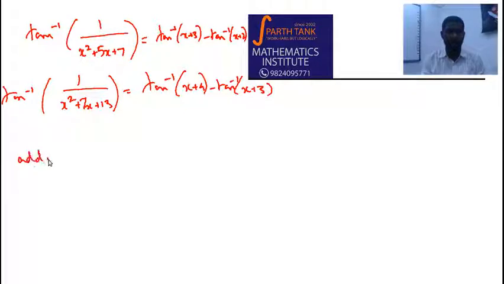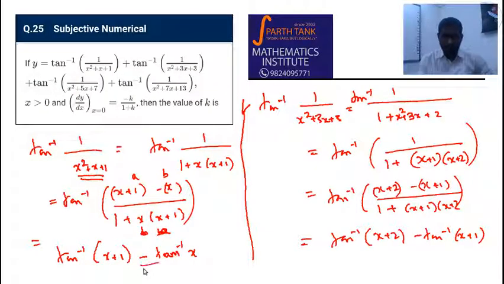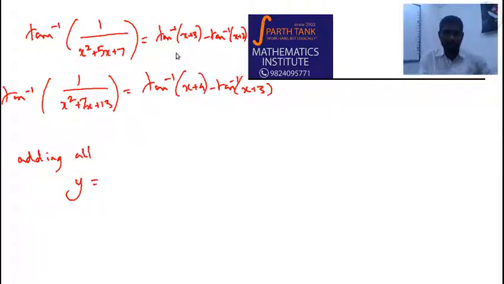Adding all, the function y will become, if you see adding these, you are eliminating already tan inverse of x plus 1 and x plus 1. Only tan inverse of minus x would remain. And then same way, x plus 2 would get eliminated, x plus 3 would get eliminated, and finally I would only have tan inverse of x plus 4 and tan inverse of x.